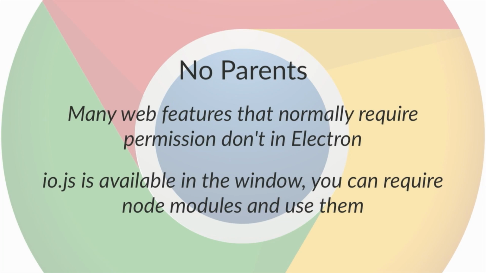One thing that's interesting about Electron is that it lets you do whatever you want. A lot of web features, like popping notifications, normally require the dance of requesting permission. You don't have to. It's hard-coded to yes, you can. Using the camera or the microphone, these permission-based APIs, they all just work, because if you've downloaded a desktop application, it can do what a desktop application could.